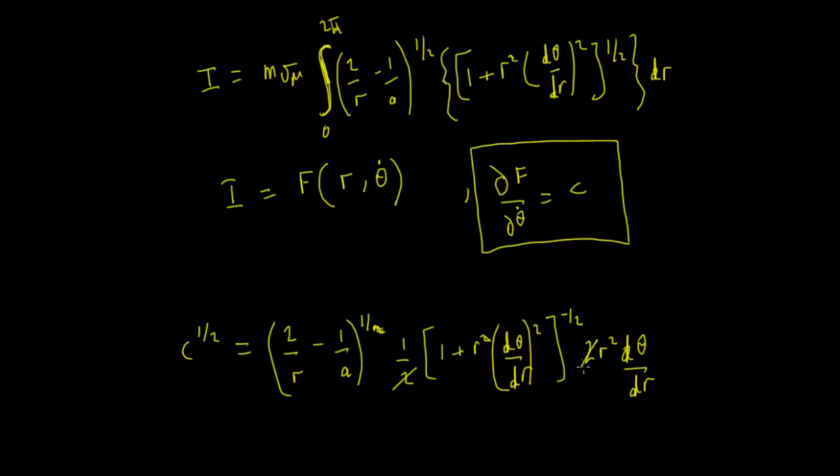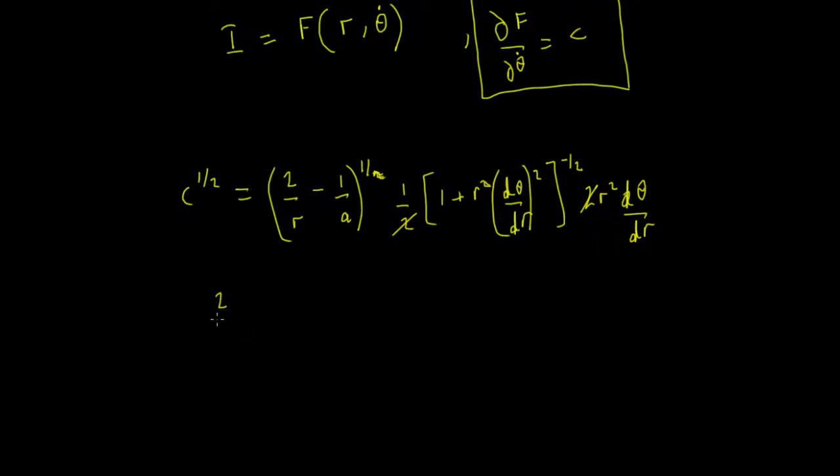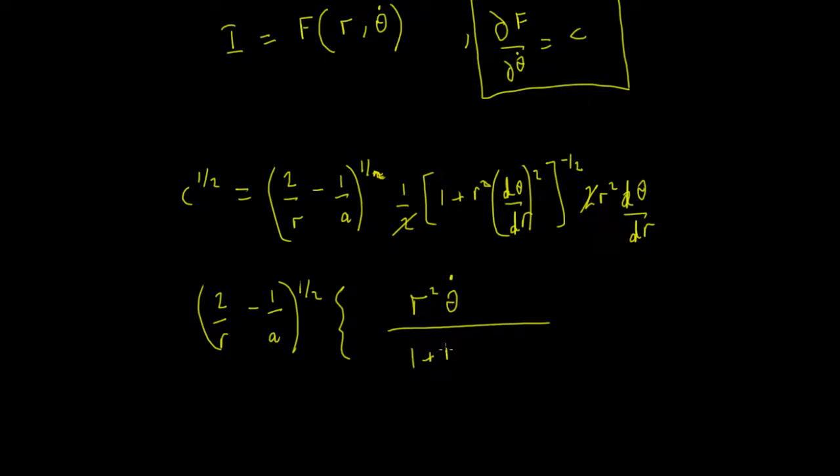That can cancel with that, and you're just going to end up with your equation looking like 2 upon r minus 1 upon a to the power of a half times, and I'll write it in terms of theta dot, r squared theta dot all upon 1 plus r squared theta dot squared, to the power of a half.